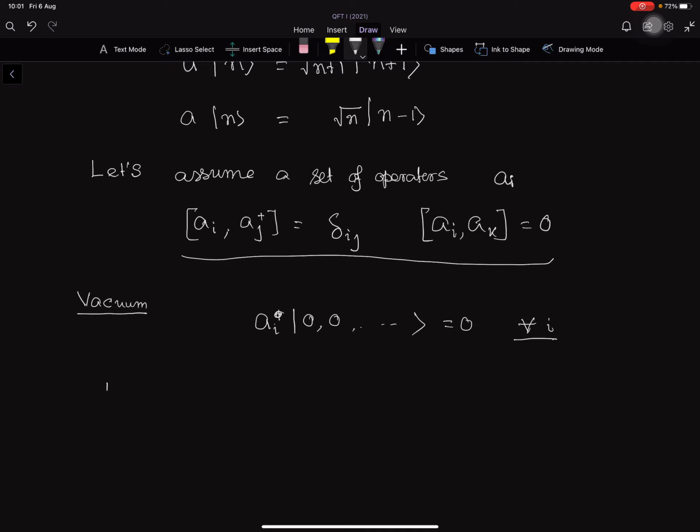Okay, so if I have some state n1, dot dot dot, ni, dot dot dot, nj, something like this, then we have constructed it out of harmonic oscillators as a1 power n1 over square root of n1 factorial, a2 power n2 over square root of n2 factorial, and so on, acting on the vacuum.